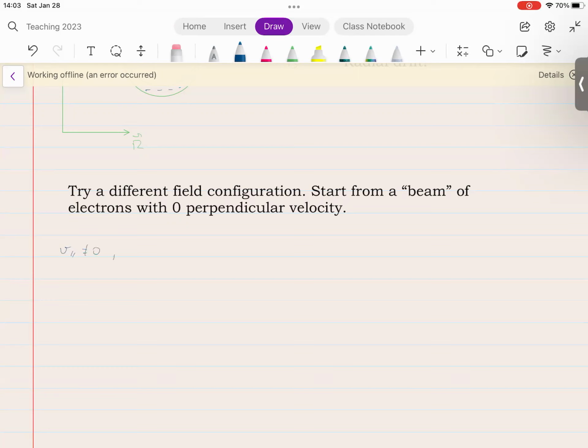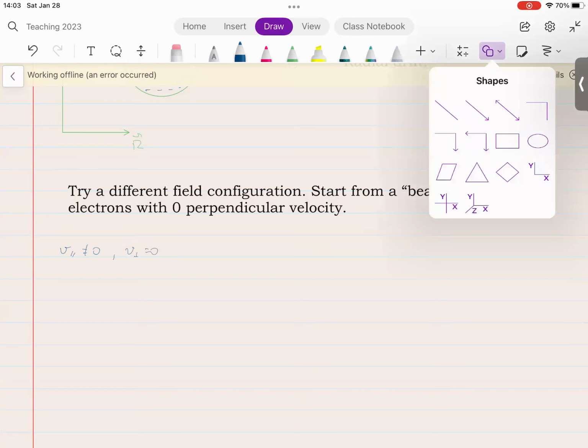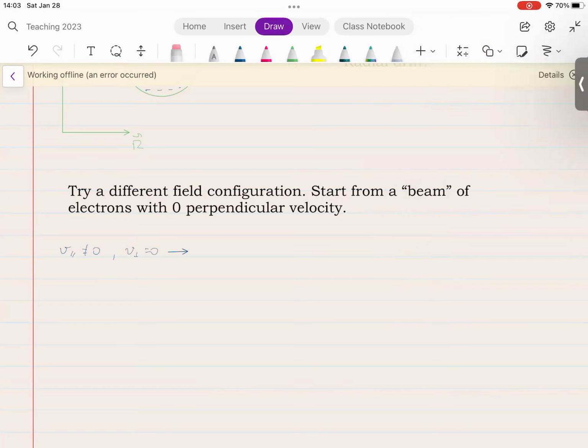V parallel not zero, V perp is zero, then I can write the drift velocity as m v parallel squared over q times 1 over B toroidal, times R. And this is the absolute value of the drift velocity.